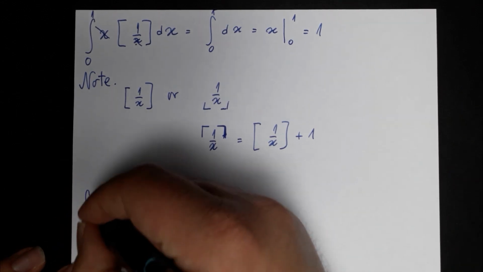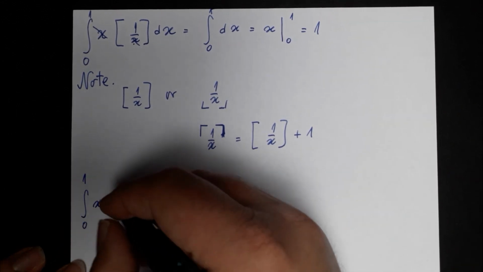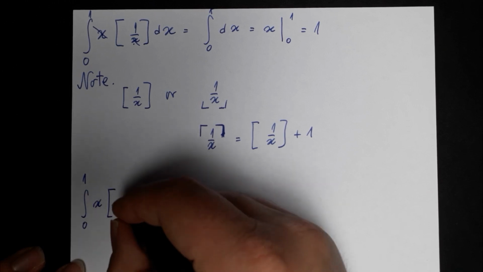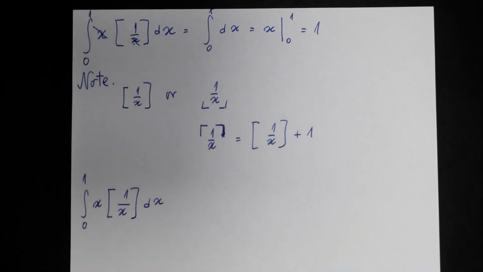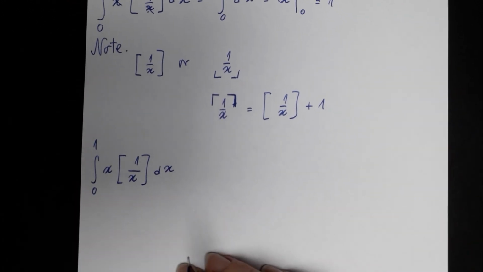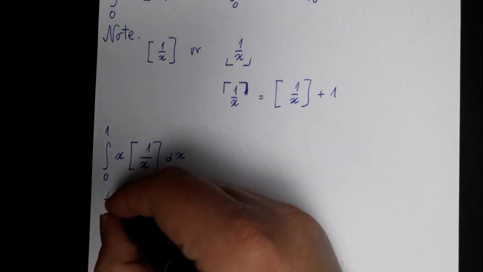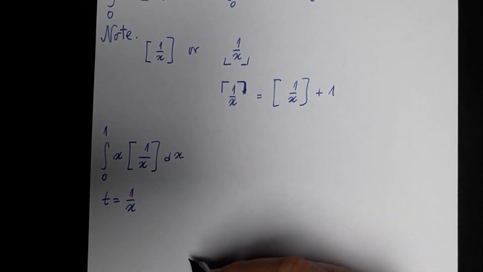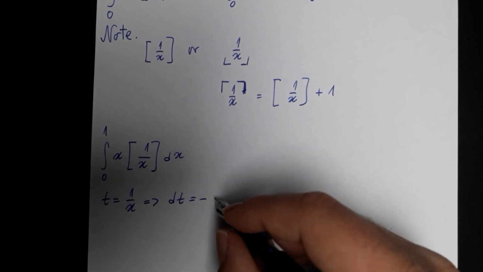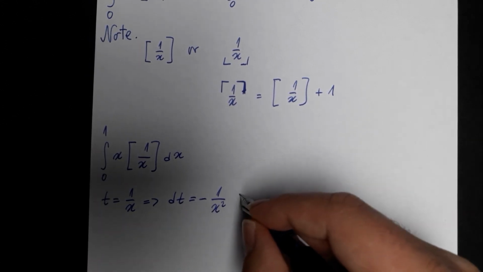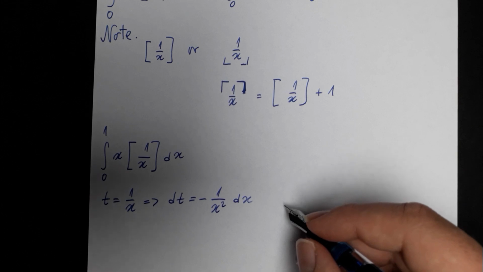A proper way to solve an integral from 0 to 1 of x times the floor function of 1 over x dx is as follows. We're going to use a substitution that t is equal to 1 over x, and then we get that the differential of t is equal to negative 1 over x squared, the differential of x.